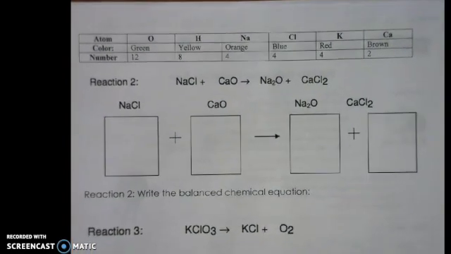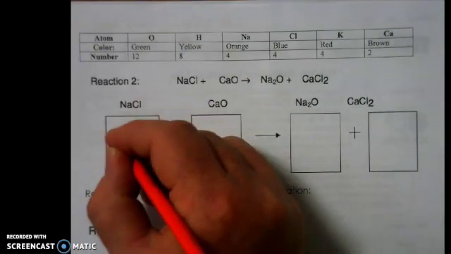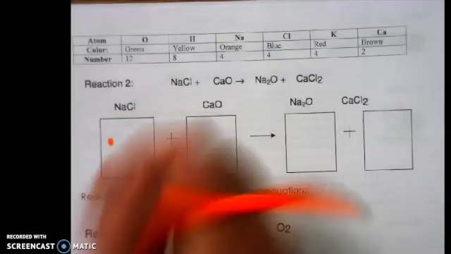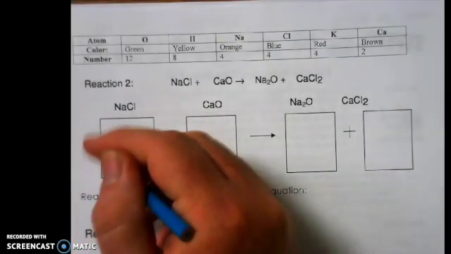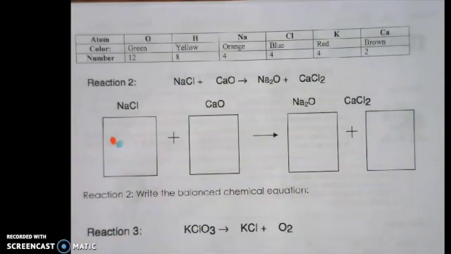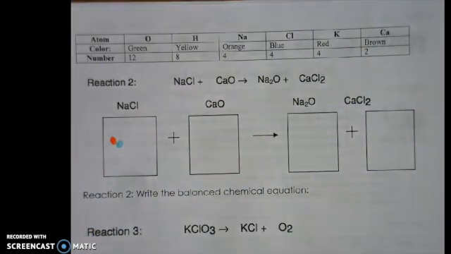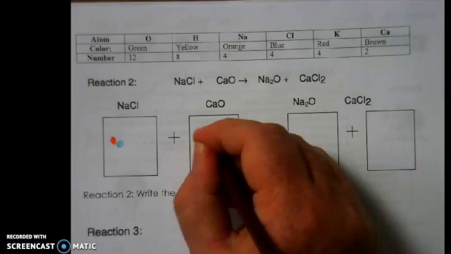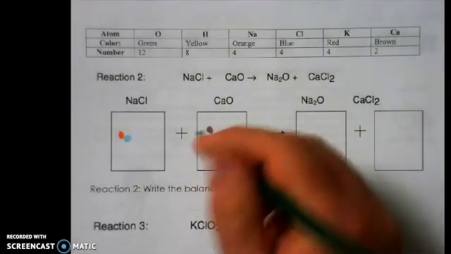All right. So again, I'm going to start by drawing, and we've got sodium in the orange, 1 sodium, and chlorine is blue. So there's our sodium chloride molecule. We've got calcium, which is brown, and oxygen is green.